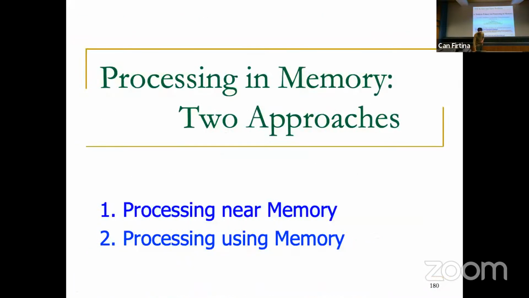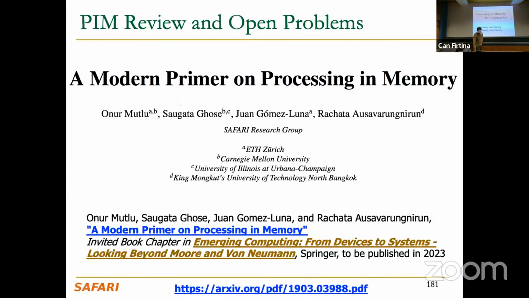Okay, I think this serves as an introduction to processing in memory. This is recommended reading for sure for all of you, especially if you want to do research in processing in memory, a semester project, for example. This will be the first thing that we will ask you to read. It's a book chapter.